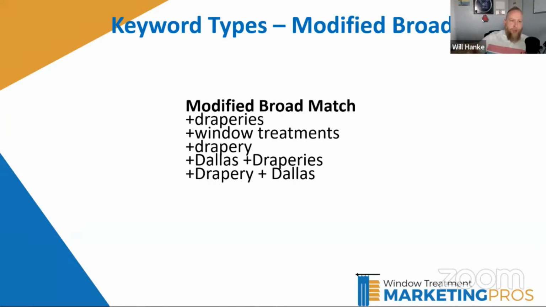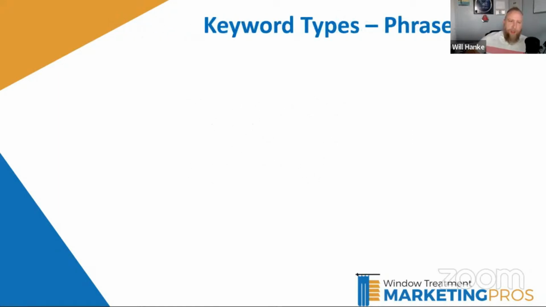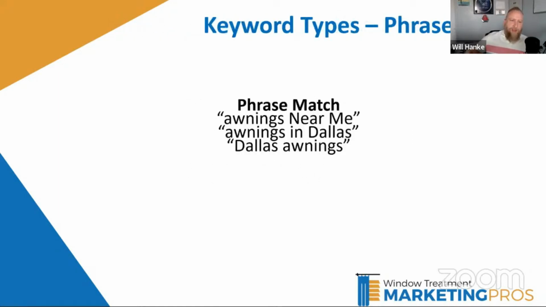With regular broad match, if they type in, I hate my curtains, Google would probably still show your ad, even if you weren't specifically wanting to show ads for the word curtains, because they understand how drapery and curtains are kind of the same term in their mind. So with modified broad, it means this word has to be in there, and that's why the plus is there.